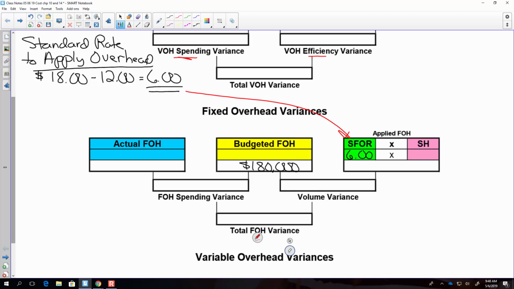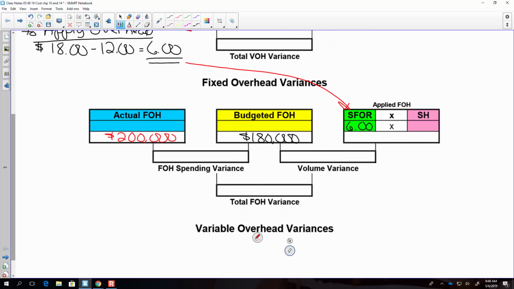All right. So what else did they give us for this problem? The actual is 200,000. So Michelle, what spending variance does that give us? 20,000. And that is unfavorable.